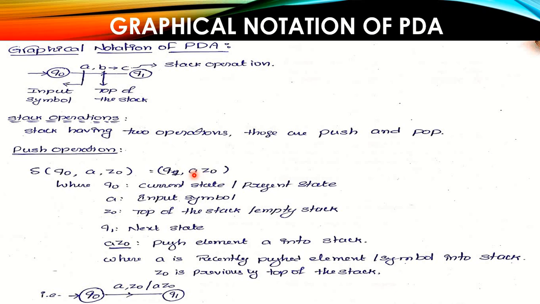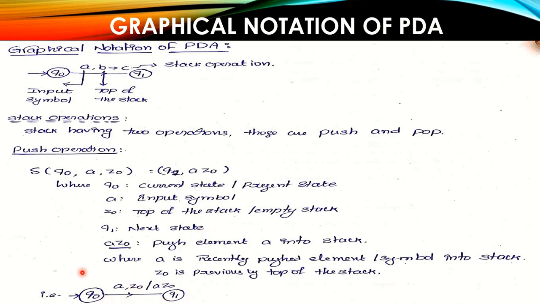The meaning of a z0 is that element a is pushed into the stack, and previously the top of the stack was z0. This is the representation of the push operation in ID or graphical notation.